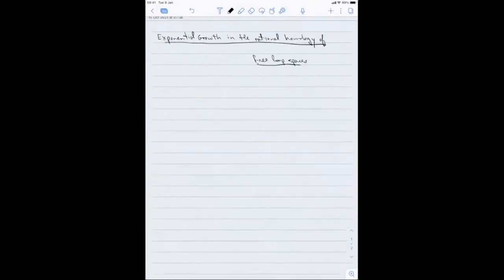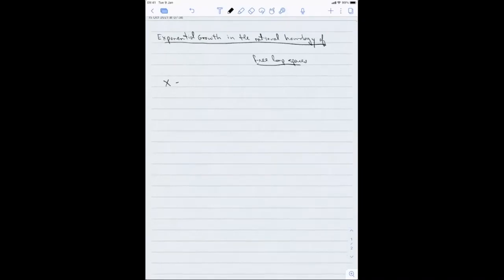So we'll look at exponential growth in the rational homology of free loop spaces.